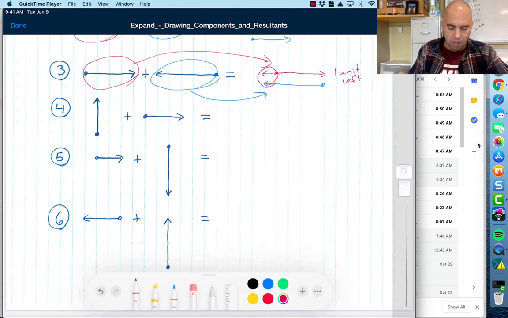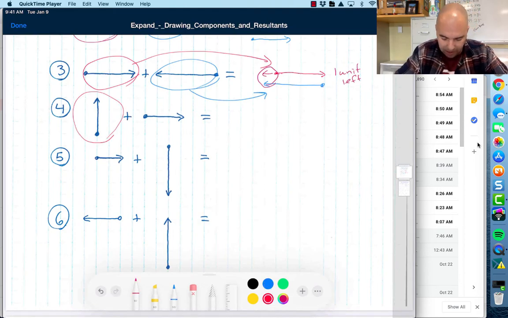Now on this one, they're not all going in the same direction or along the same plane. Now we've got them going in different planes, which makes it 2-dimensional instead of 1-dimensional. So if this is my first component, let me get rid of that. Let's make that red. So my first component is 1, 2, 3 up.